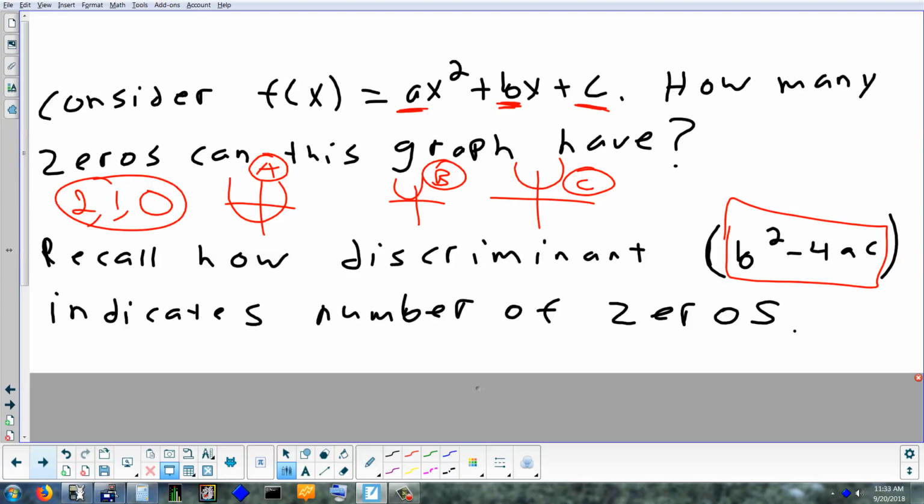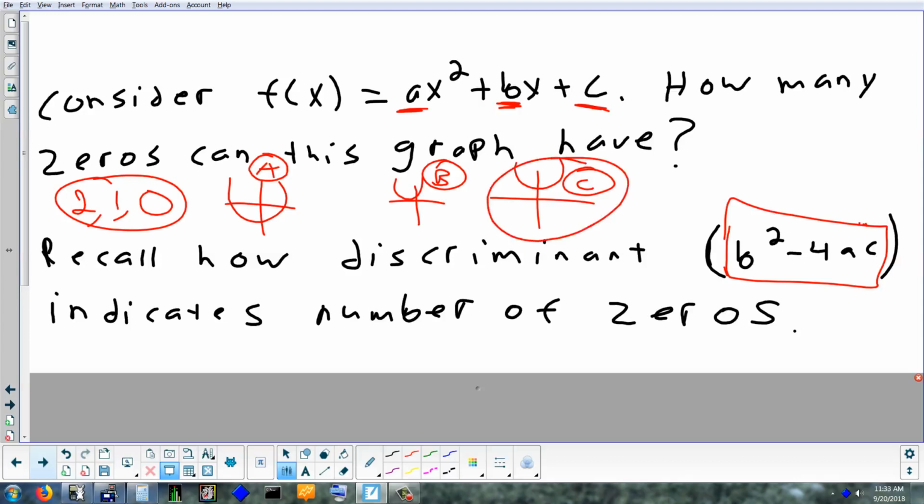Okay, and again, I'm not going to write it all again because we already did. But does anybody remember how many roots there are if this comes out less than 0? 0, right? None. Remember this is the part under the square root in the quadratic formula. If it comes out negative, you're not taking the square root of b squared minus 4ac. It would be imaginary. So if it comes out less than 0, there's no solutions.